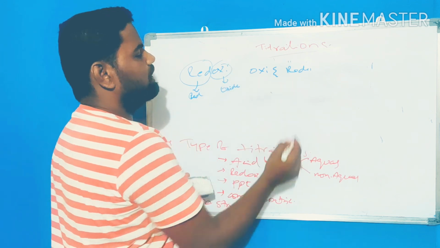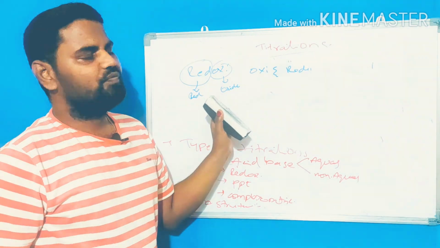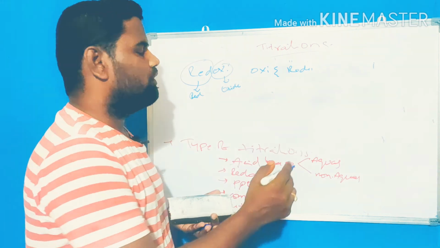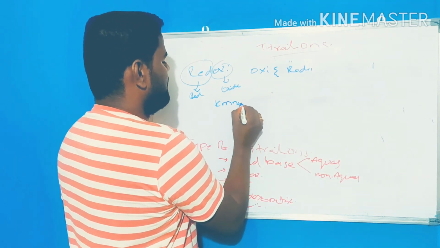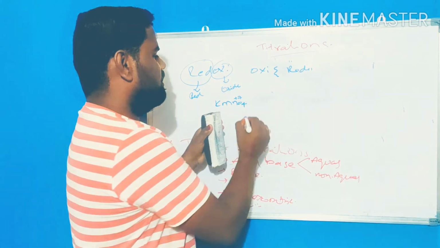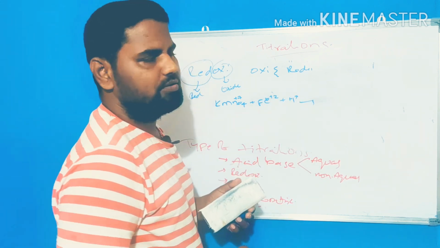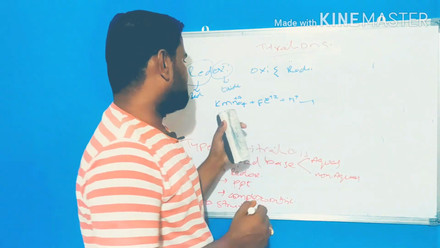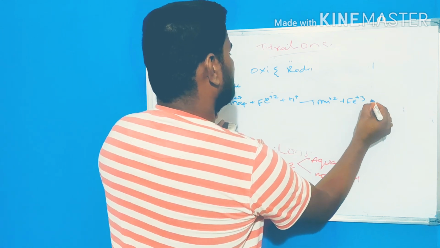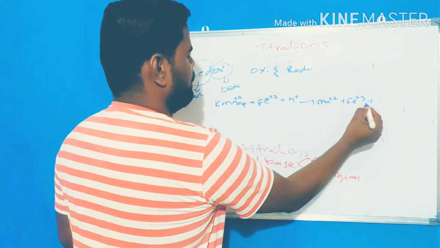In this reaction there is a change in oxidation state. Example: KMnO4 (Mn +7) plus Fe +2 plus H+ gives Mn +2 plus Fe +3 plus water.